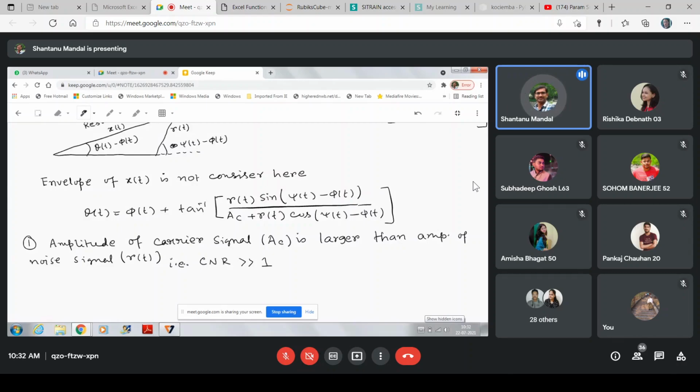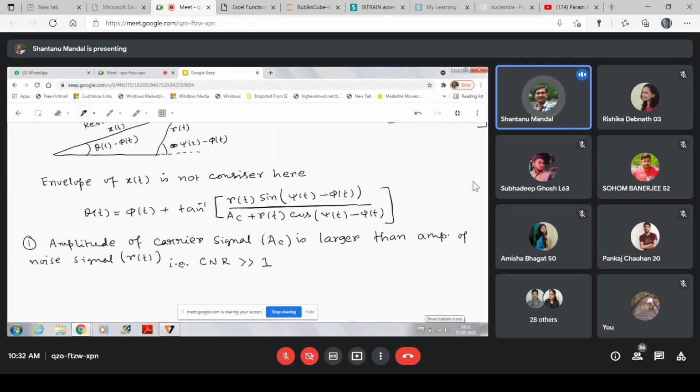That is, if the amplitude of the carrier signal Ac is larger than the amplitude of the noise signal r(t), then the CNR will be larger, because the noise amplitude is smaller than the carrier.